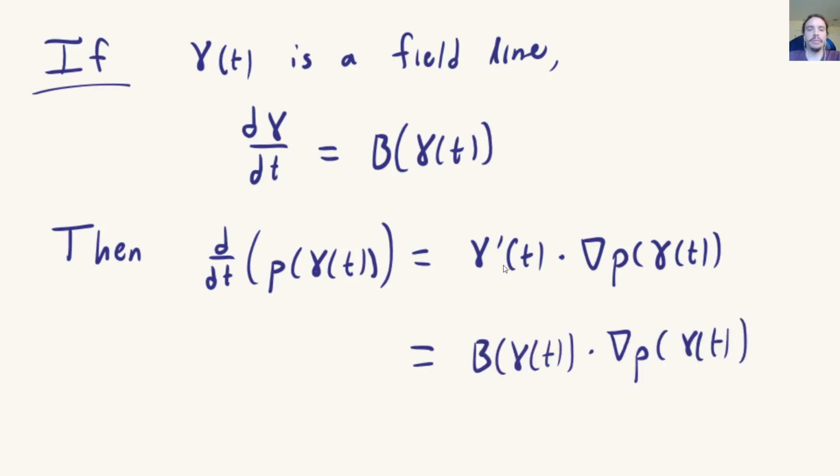But we know that gamma prime is just B. And so that tells us that since B dot grad P equals 0, the derivative of P of gamma of t is 0. Okay, well, if the derivative of P of gamma of t is 0, that means that P of gamma of t must be constant. It's just a constant function.